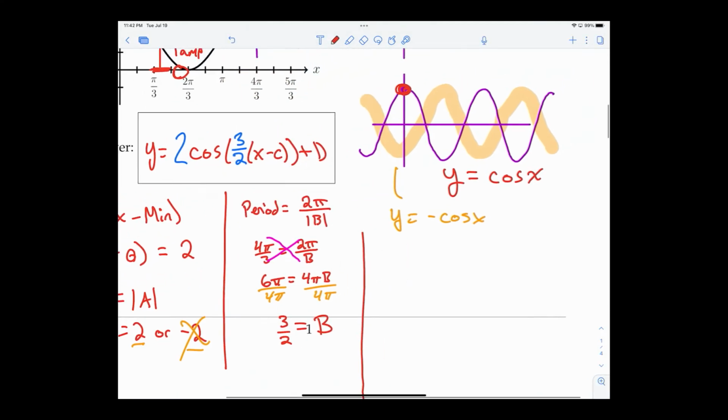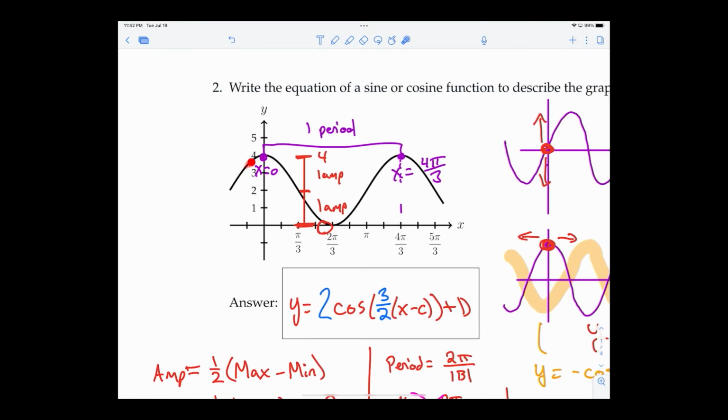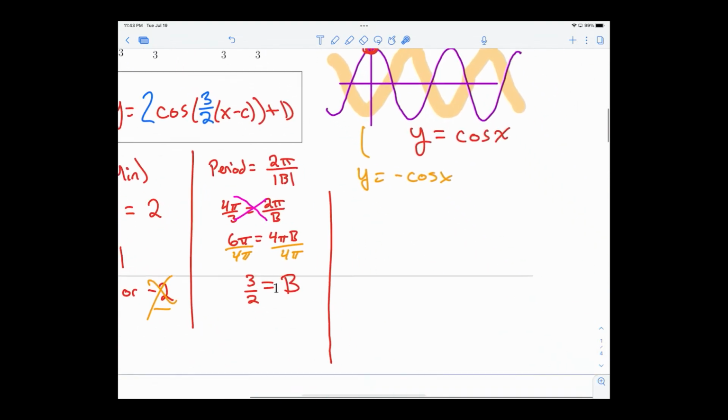The c is a left or a right shift, that way or that way. But if you look, the cosine has its peak right there at 0. And if you look at this graph, it has its peak right there at 0. So this has not been moved left or right. This is at the peak right here, just like this is at the peak right here. So there is no left or right shift.